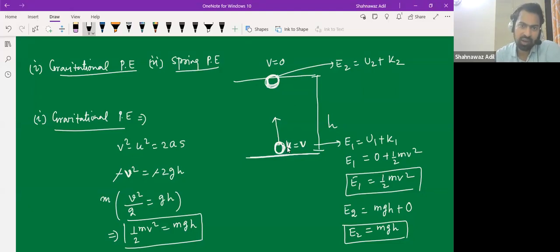So this is the conservation of energy from this gravitational potential. Understood? Yes, sir. Okay, so please note down this part, from the third equation of motion.